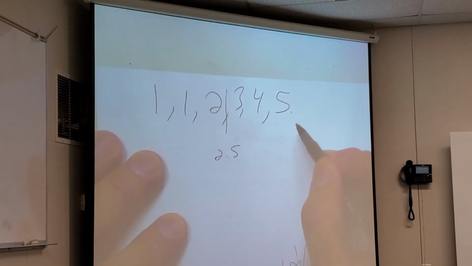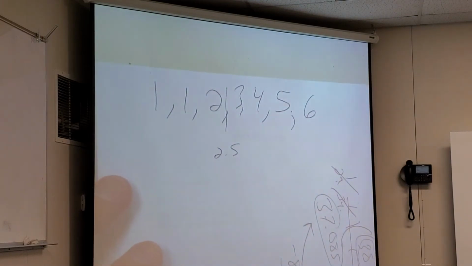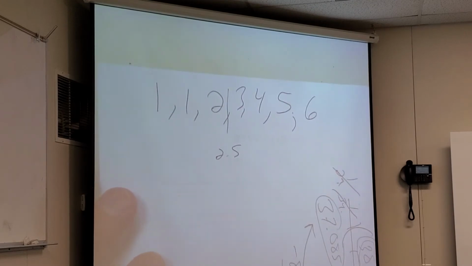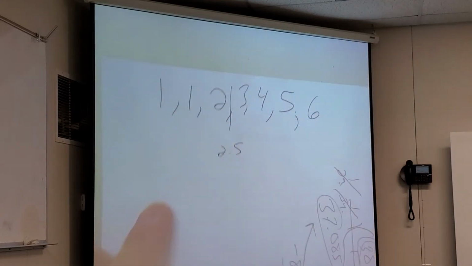You with me? If I go down and I just create a 6-year-old, what's the median now? Think about it. Look at the data. Maybe actually calculate it. Where's the median? The median's in the middle. 1, 2, and then the middle, so now the median would be 3. Did the median go up?